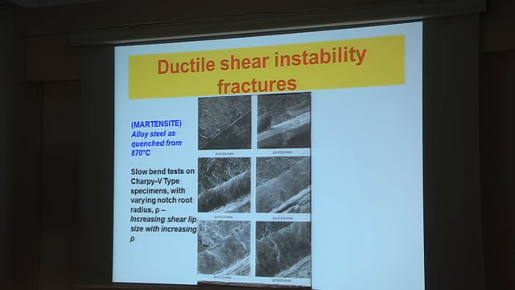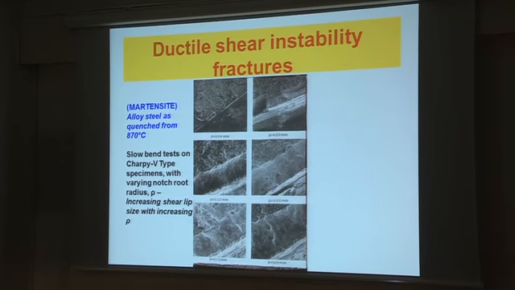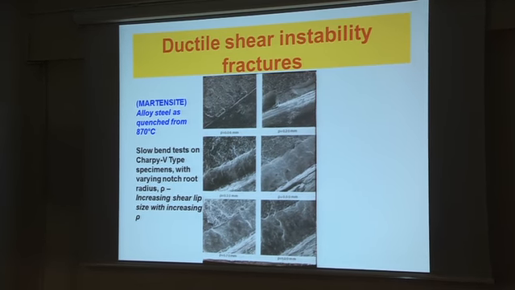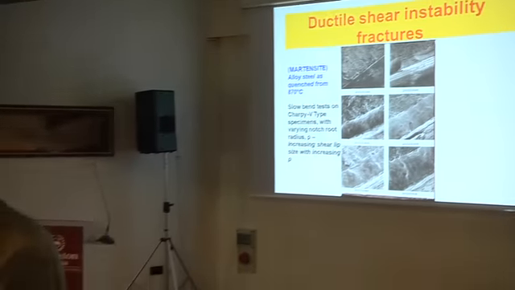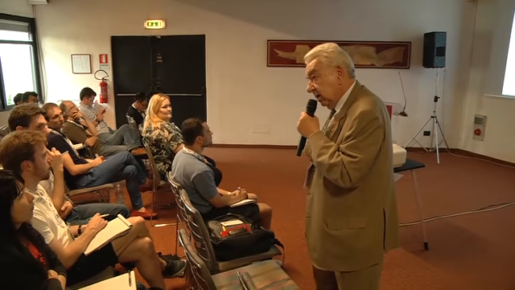And so you think, I know everything. I have seen brittle cleavage, I have seen brittle intergranular, I have seen ductile microvoid coalescence. There is another type of ductile fracture that is rarely shown around.